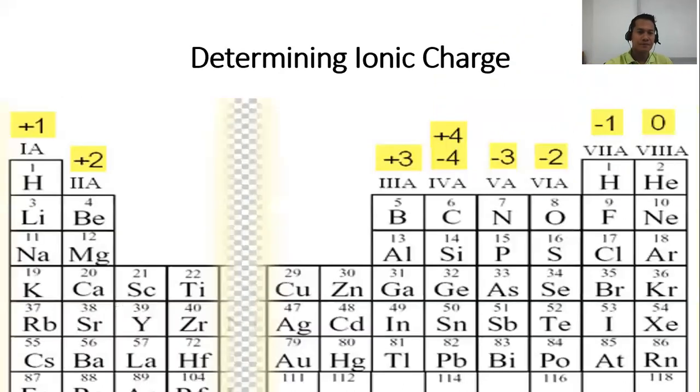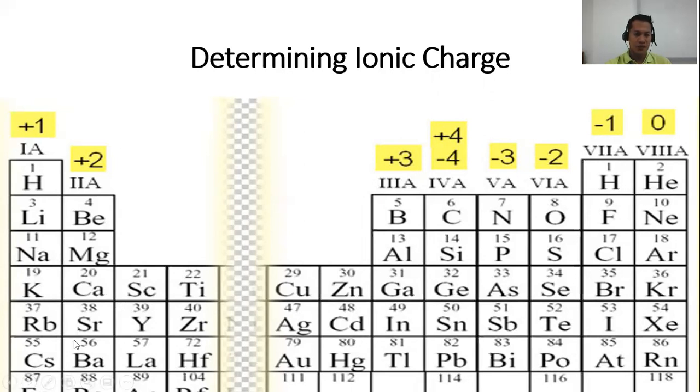Okay, so here is the summary. Determining ionic charge. Going back to the groupings once again. Group 1 will lose one electron, given away, so this will turn positive: 1 plus or plus 1.